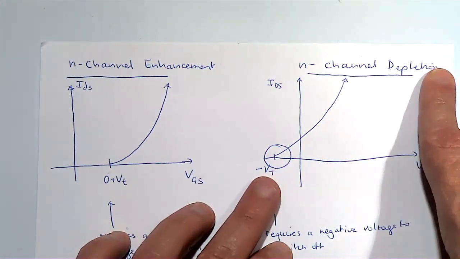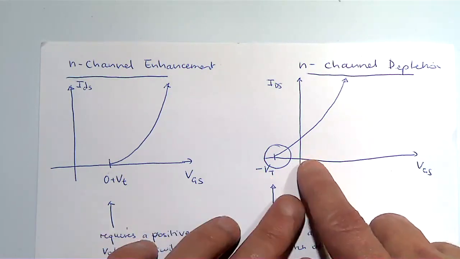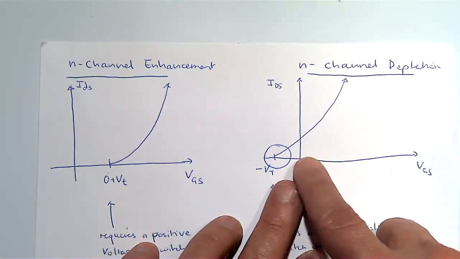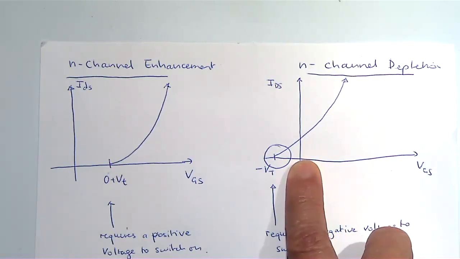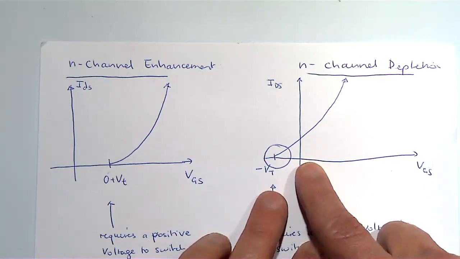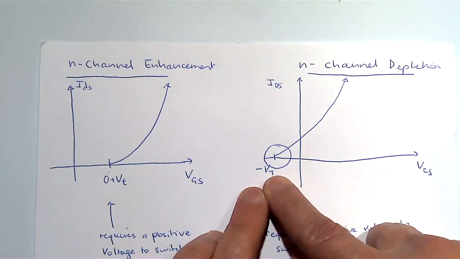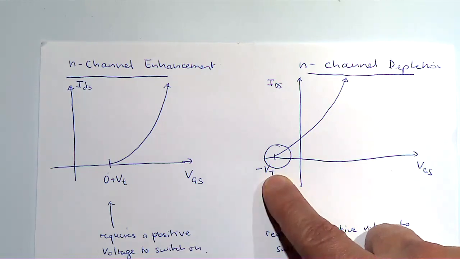For an N-channel depletion device, at zero voltage there's enough free carriers to maintain the transfer of current through the device. And you need to take the voltage significantly negative in order to switch that device off.